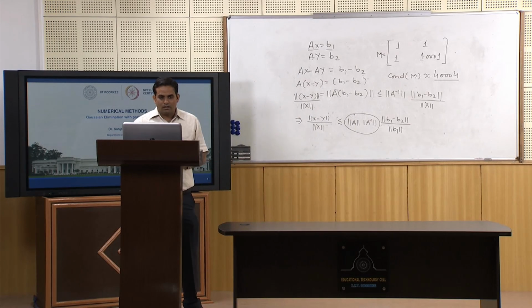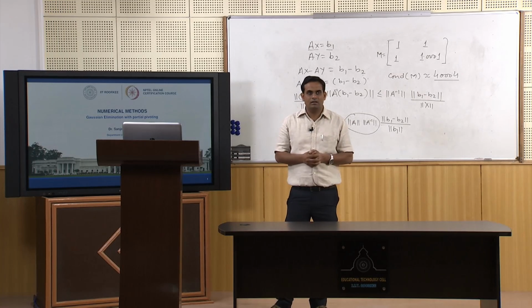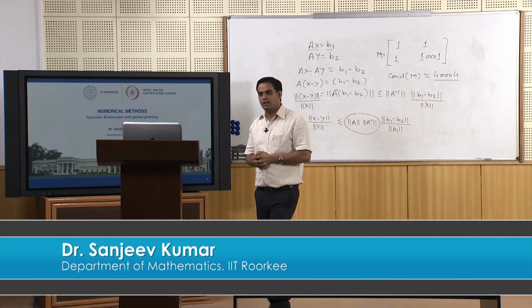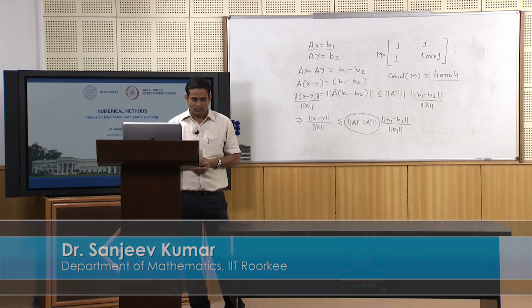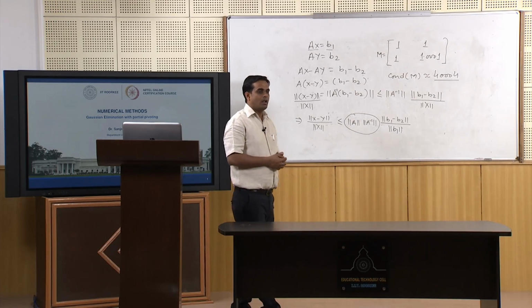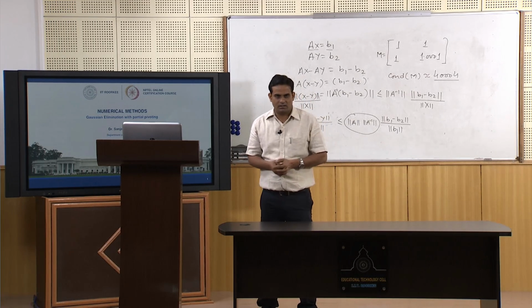And in the next lecture I will continue with the direct method for solving the linear system, and there I will introduce a technique called LU decomposition. Thank you very much.